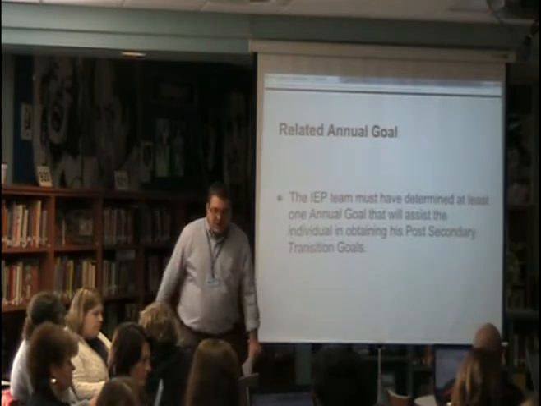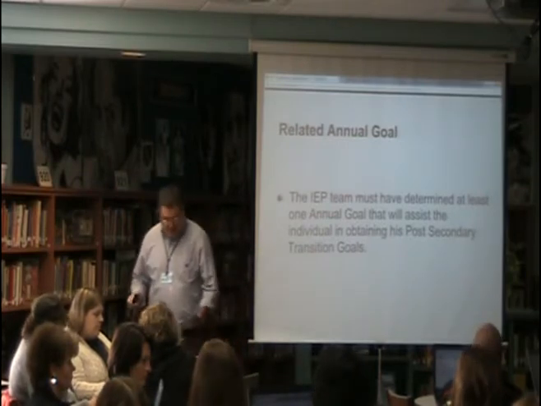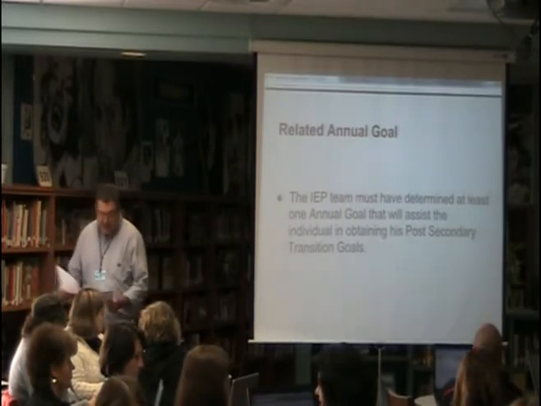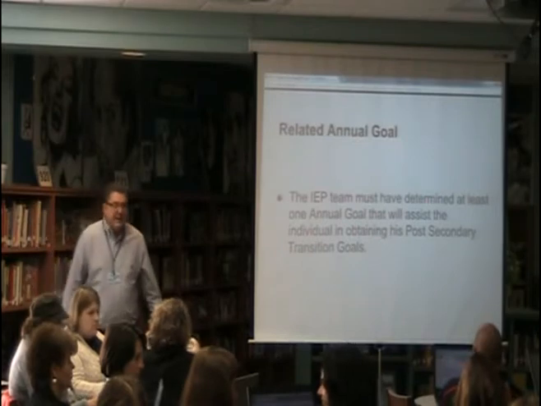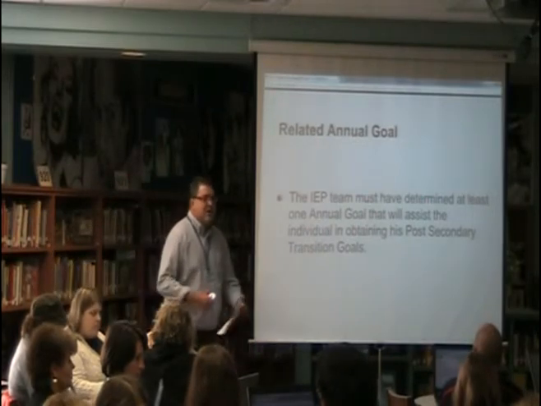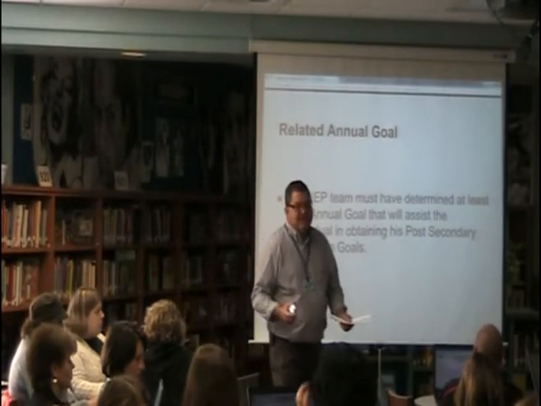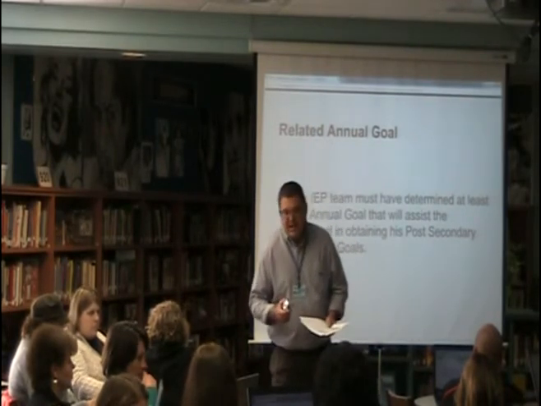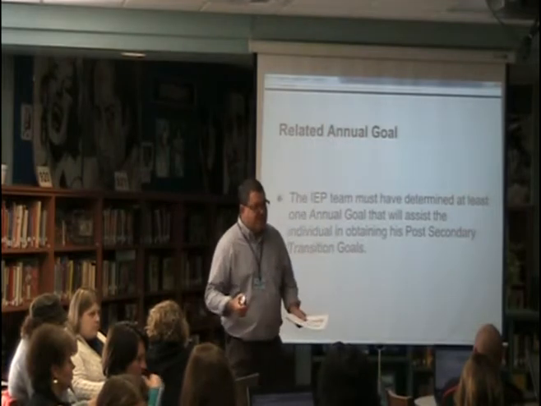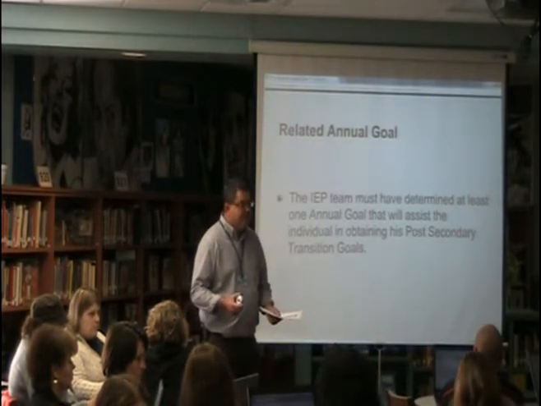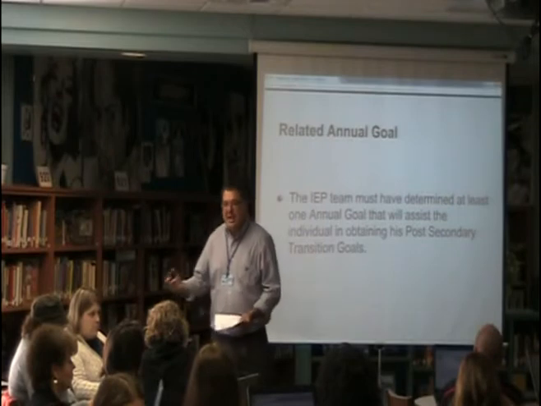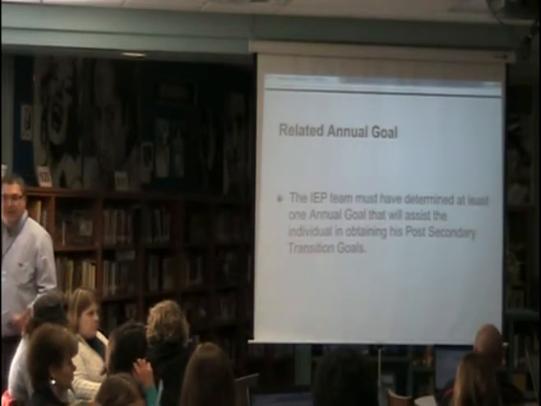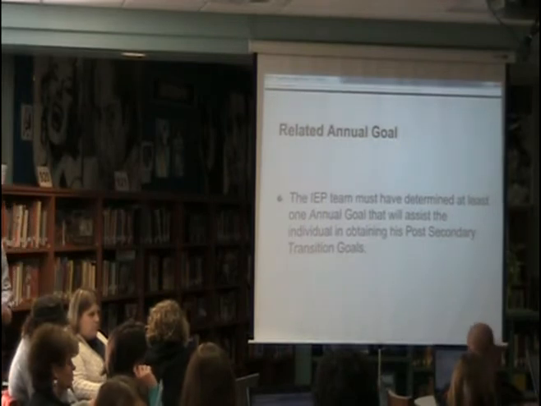The other part about goals, and this is kind of a hang up for everybody, is a related annual goal. You must have an annual goal that somehow relates to their post-secondary goals. Does that mean you have to have a goal called transition? No, it doesn't mean that. Your goal for behavior, for his ability to stay on task, if he wants to get a job, that relates to getting a job.